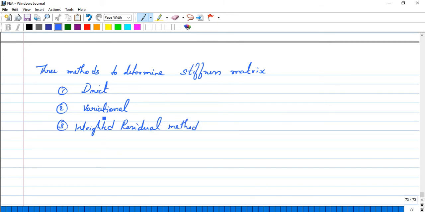We shall go into detail with the variational approach. In the direct method, the element properties are obtained by direct interpretation of the physical structure. We use the concepts of mechanics of materials and directly interpret with the help of a formula.